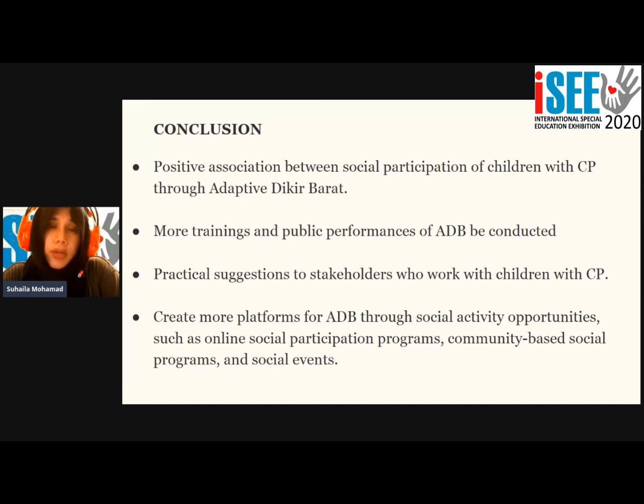Based on the relationships among these variables, this study makes practical suggestions to stakeholders who work with children with CP. More NGOs need to create platforms for ADB through social activity opportunities such as online social participation programs, community-based social programs, and social events so that children with CP can develop a positive social support system as a way to promote their health.